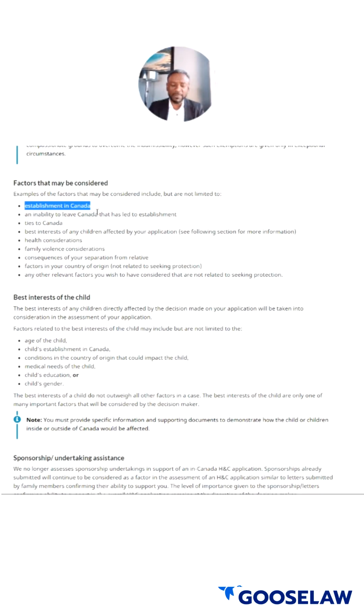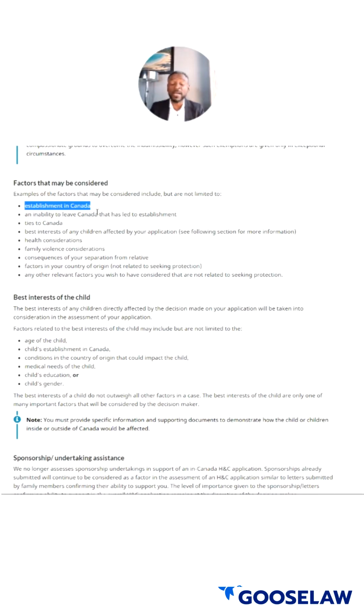And when we say established inside Canada, we mean that the person has been here long enough to have created some kind of ties to Canada, whether it be through their employment or their financial situation. Have they bought a house? Have they rented a house? Have they been living here for a substantial amount of time?